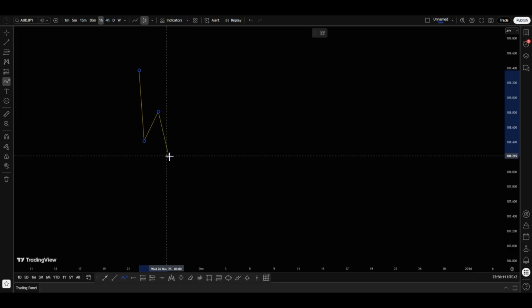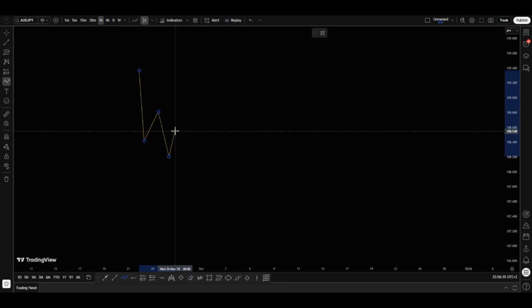Then after creating the lower low, it has to push back to the upside, but it has to fail to break the previous high that it has created, giving us a lower high.